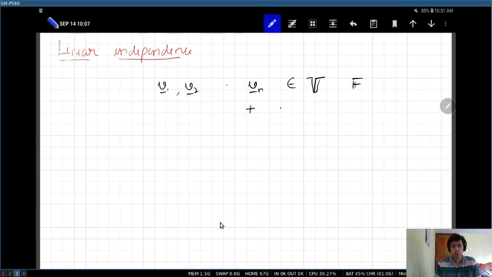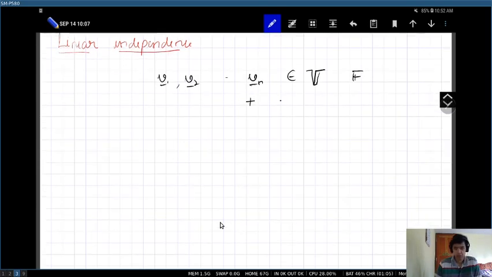Hopefully there should be no confusion between addition within the vector space and addition within the field. Of course this is abuse of notation. The plus which represents addition of two vectors is actually different from the plus which represents addition of two field elements, but I'll nevertheless use the same notation.